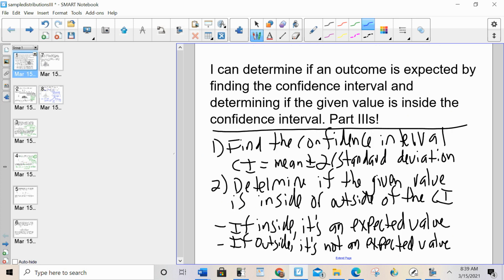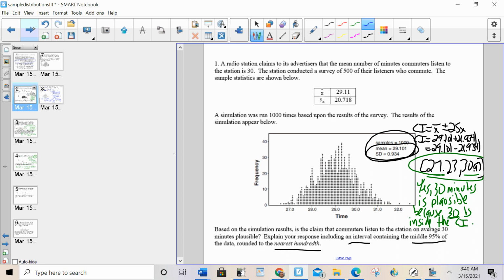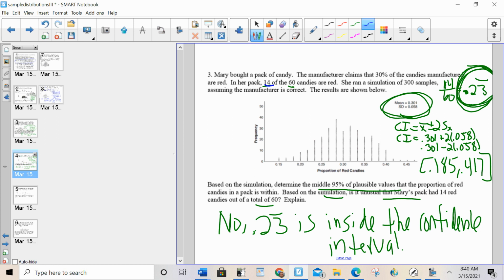When you see these sample distribution problems, you're going to find the confidence interval using confidence interval equals the mean plus and minus 2 times the standard deviation. You're going to determine if the given value is inside or outside of the confidence interval. It might give it to you directly. Here it says, 30%. Or you might have to do, 14 out of 60 is 0.23.